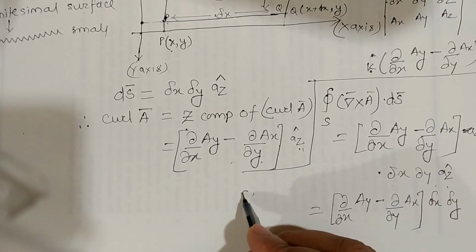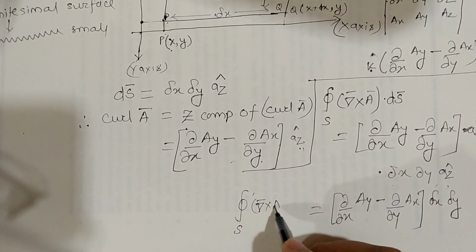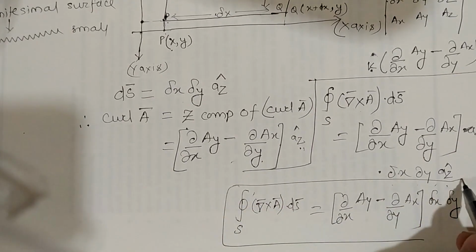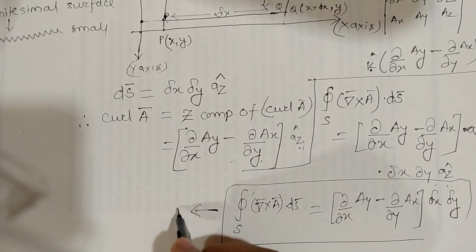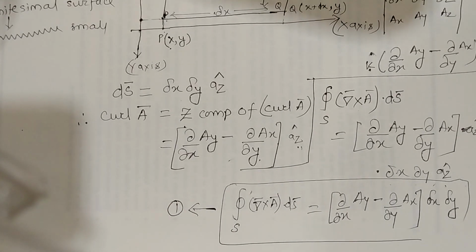This will be the final value of the surface integral of curl of a vector over an open surface, and this will be equation number 1.